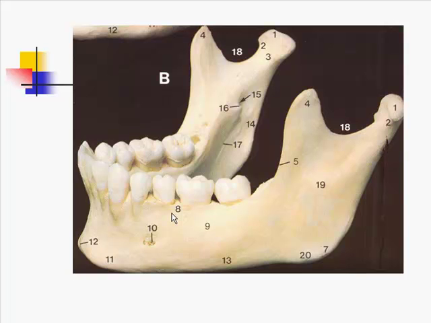If we look at 5 and we go a little bit lower, they're pointing to the coronoid notch. Again, that's the area that is a landmark for local anesthesia. You really have to come out a bit towards the cheek because it really protrudes out a bit.